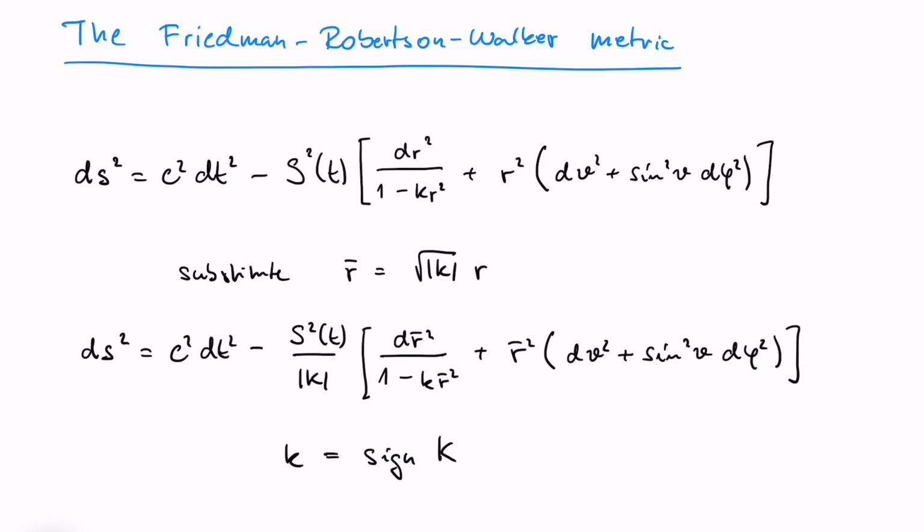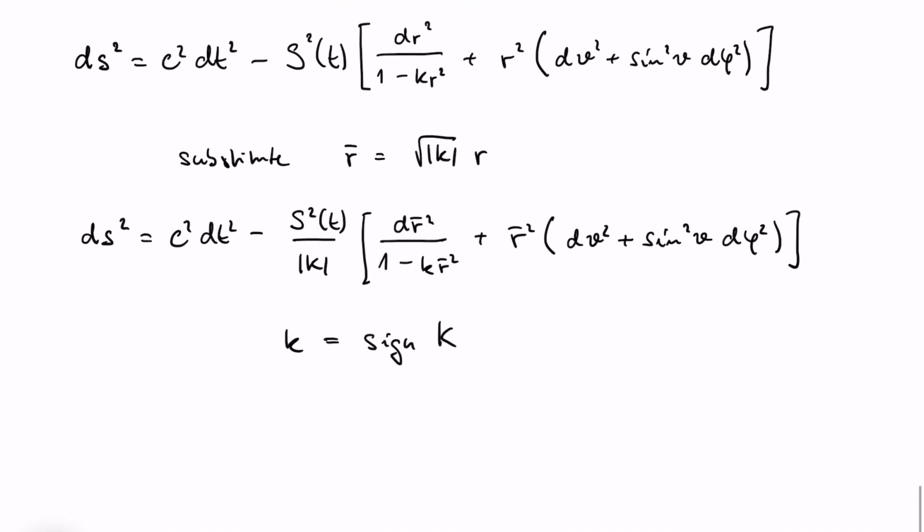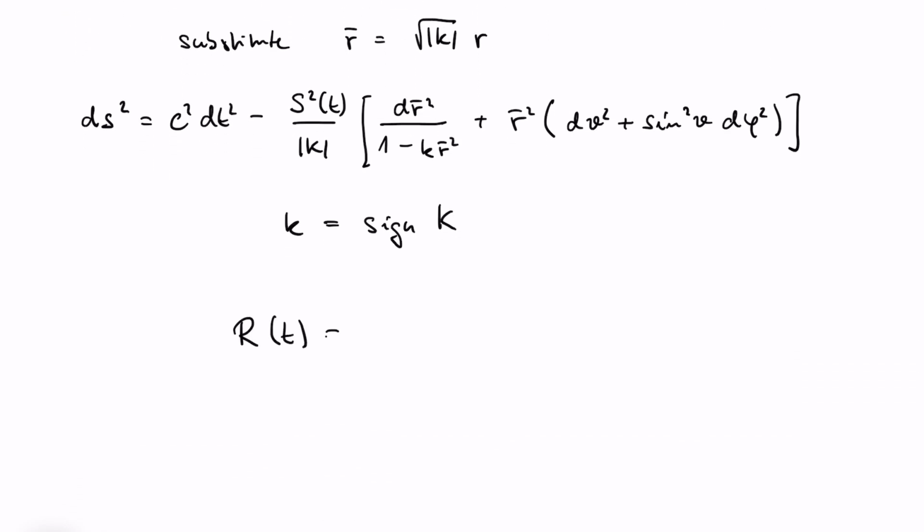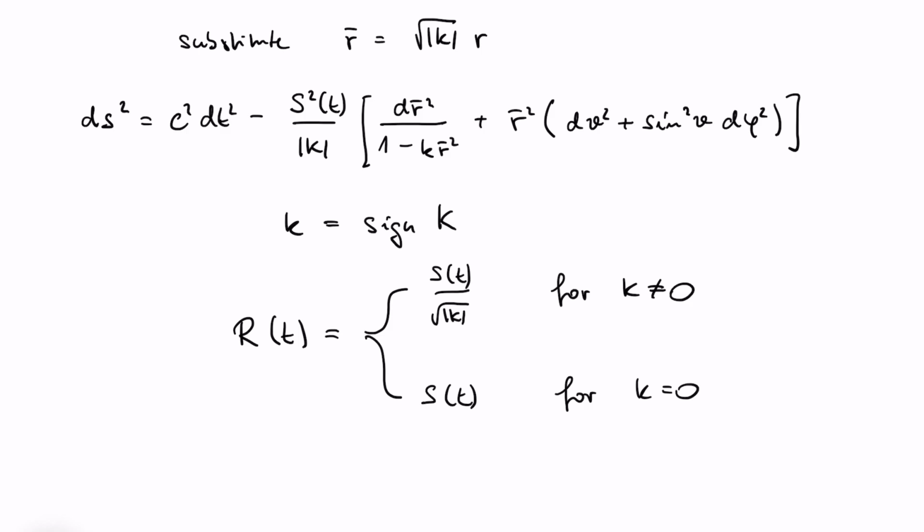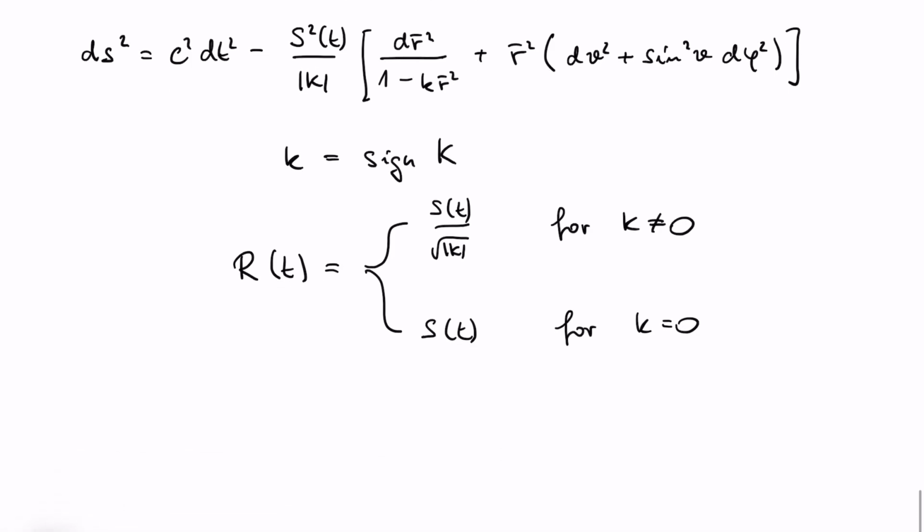To simplify the writing, we denote the prefactor before the bracket as one function, capital R, which is identical to S if the curvature is 0. And also for simplicity, we finally drop the bars over the r and obtain the line element in the Friedmann-Robertson-Walker metric.